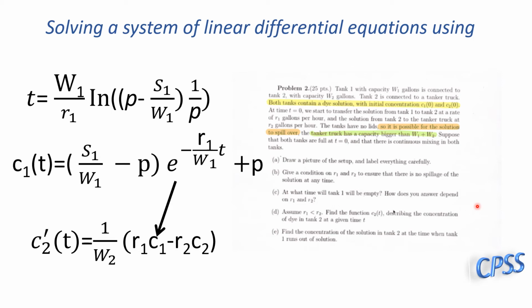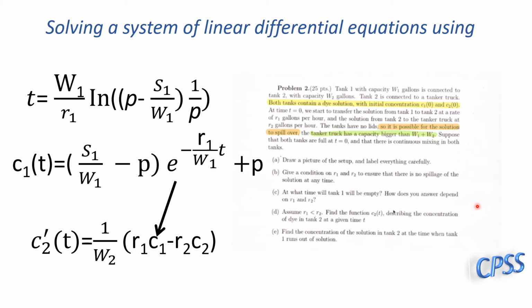Okay, so that answers the C part. How does your answer depend on R1 and R2? It looks like it just depends on R1 and doesn't depend on R2. I don't see anything in R2 here.